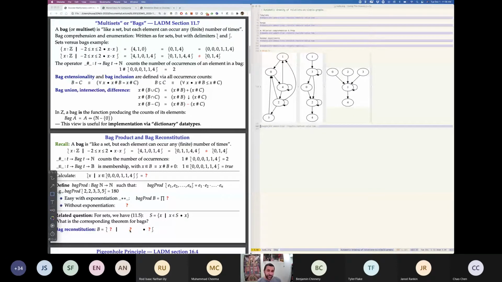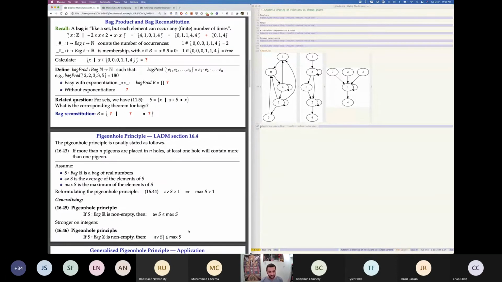To reconstruct the bag, I need to know how many times. So this is not so easy. Hint: unions of bags. So try to do this, ask questions on course help, and maybe we'll give you the answer. Unions of unions is the answer there. So that's what's going on there with bags.